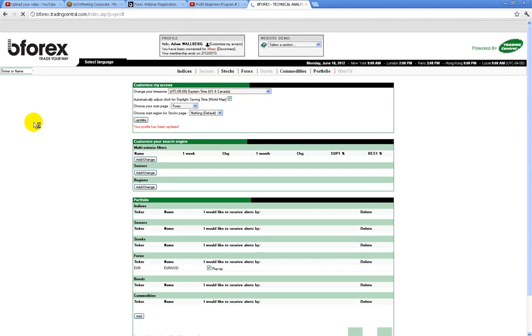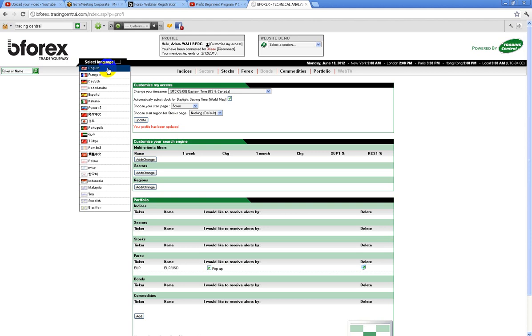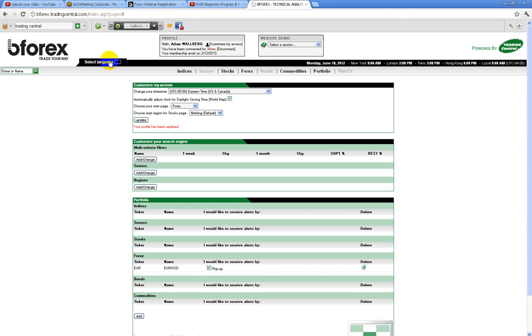And then you will see that your access is updated to the time zone that you chose. When you finish choosing your time zone, you can also select the language here: English, French, Dutch, Spanish, Italian, Russian, Chinese, etc.